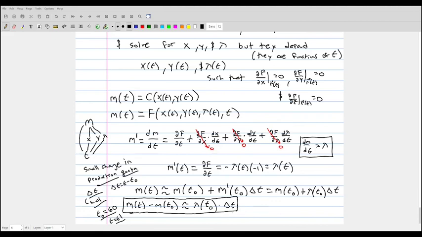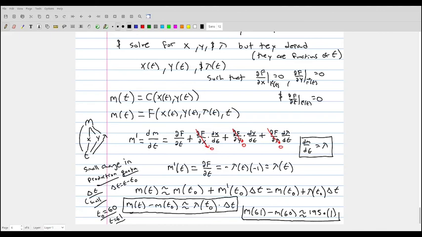Then, to use this equation, the minimum at 61 minus the minimum at 60, the difference in minimums between these two problems, is going to be approximately equal to the Lagrange multiplier from the first part, corresponding to a production quota of 60, which is 195, multiplied by 61 minus 60, or 1.